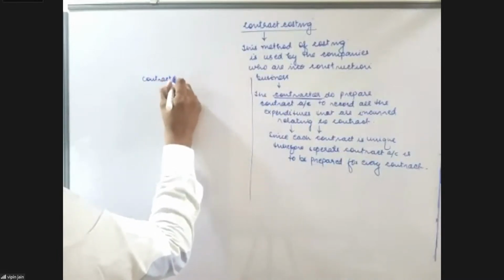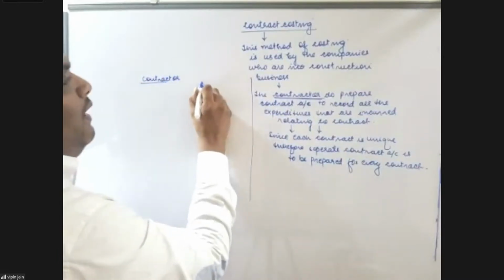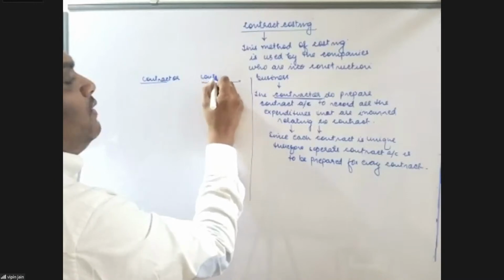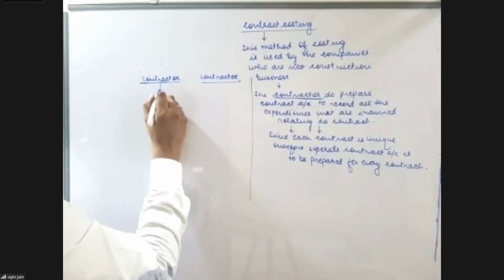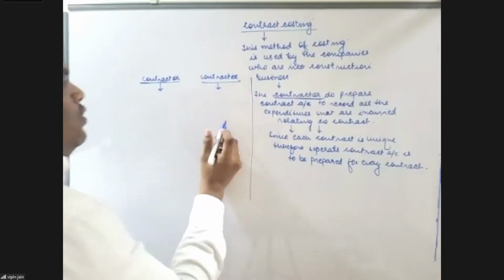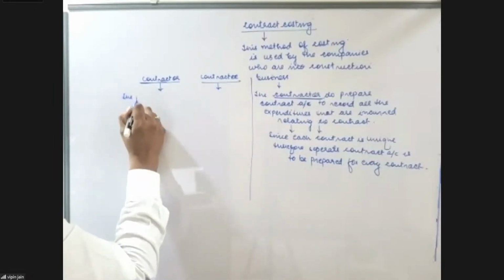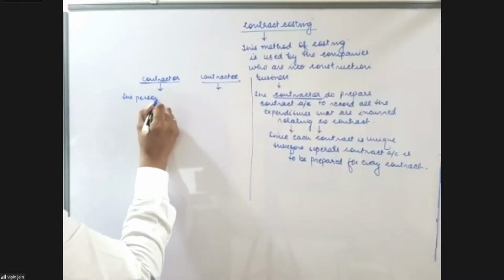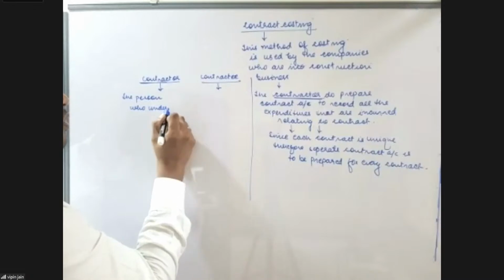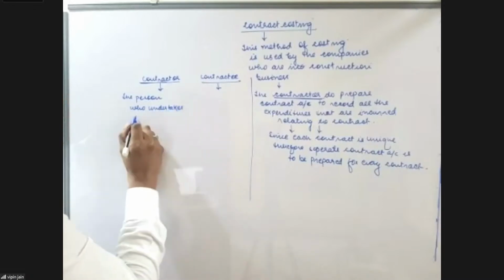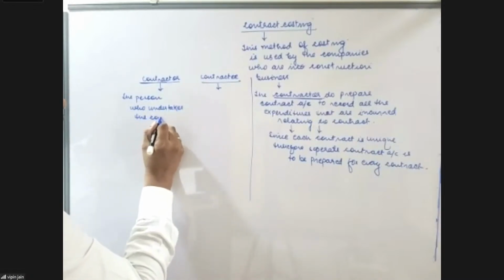That is the contractor and contractee. When talking about contractor, who is contractor? The person who undertakes the contract.